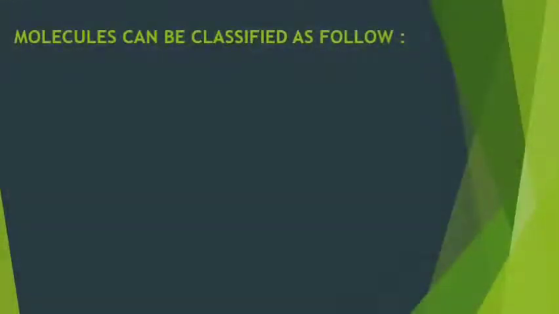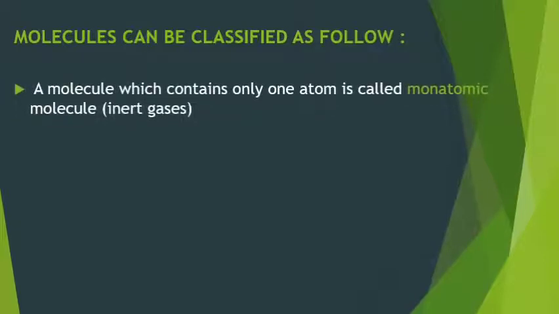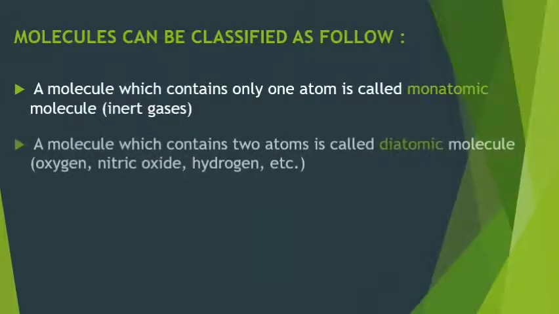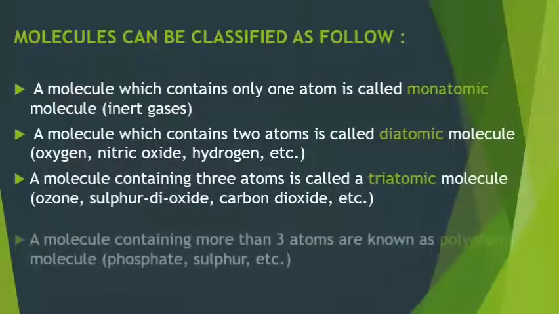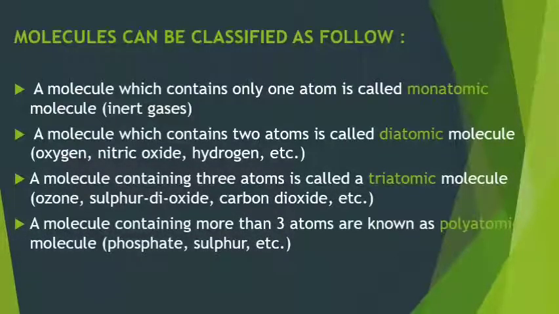Molecules classification. Molecules can be classified into monoatomic, diatomic, triatomic and polyatomic. By seeing that word itself, you can say that mono means 1, di means 2, tri means 3, poly means more than 3.